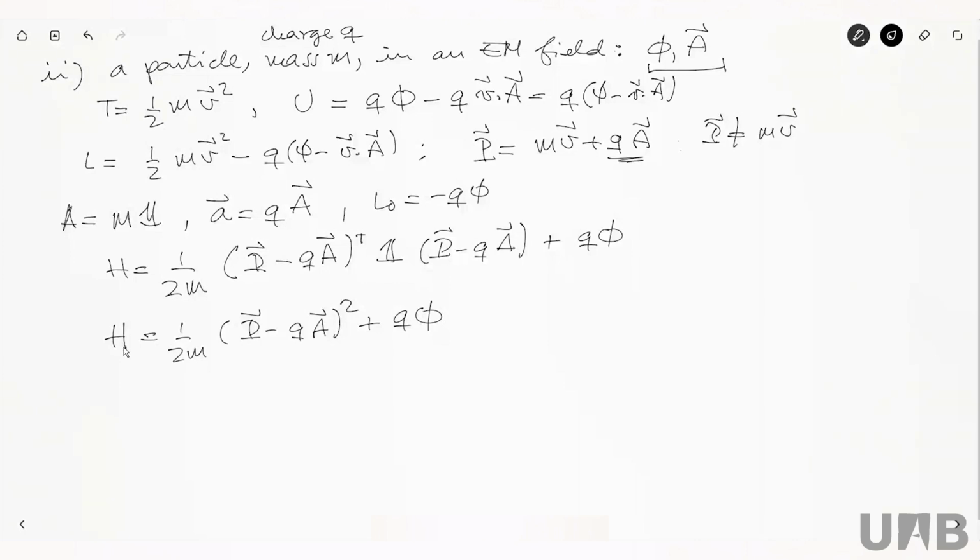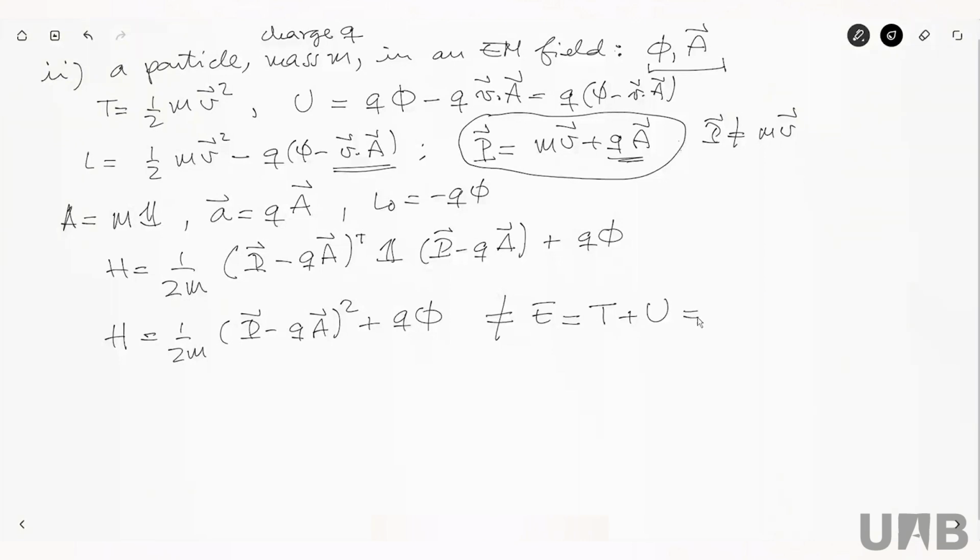So the first thing that we see here is that because the Lagrangian has this extra term linear in the velocity, the canonical conjugate momentum is not the same as the linear momentum. It's not m times the velocity. Second thing that we see is that the Hamiltonian is not the energy of the system, because the energy of the system, by definition, is the kinetic energy plus the potential.